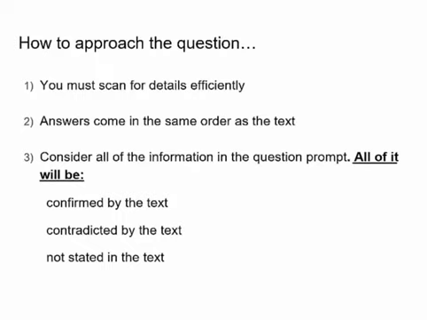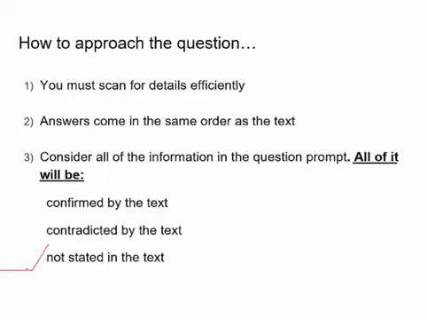If the information is not provided by the text, okay, so maybe a small part of the statement can be found, but the entire idea of the whole statement in the prompt cannot be found or located somewhere in the text, then you put not given, okay? And that's this third option down here.